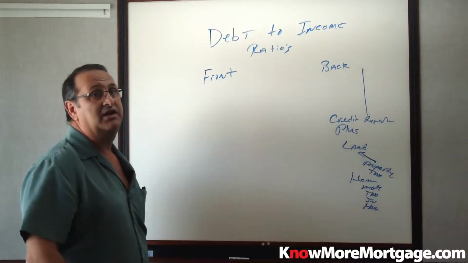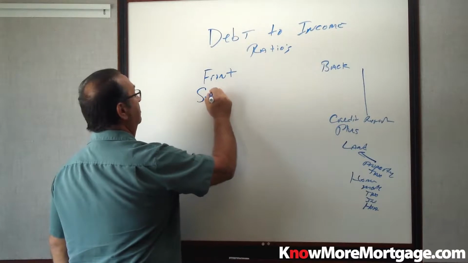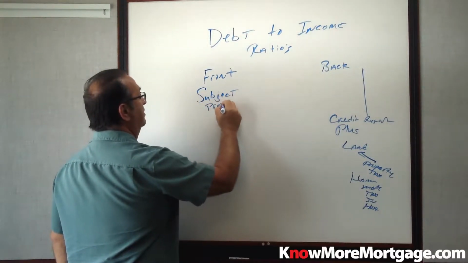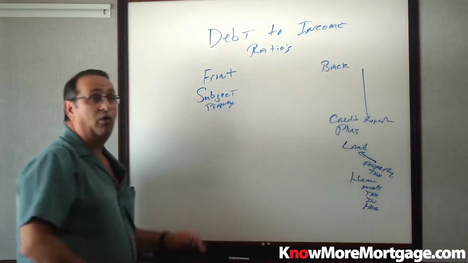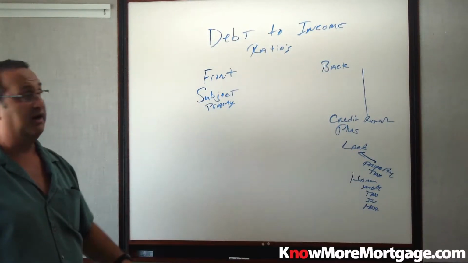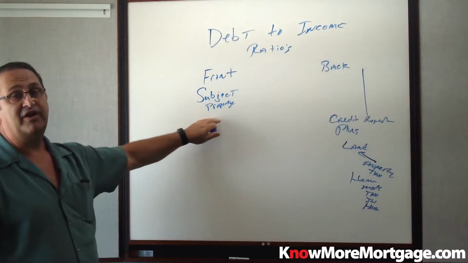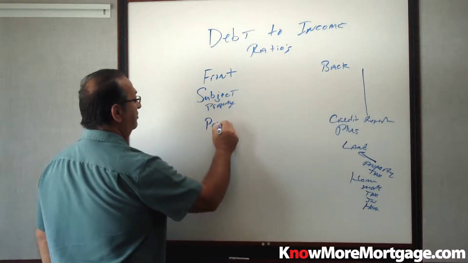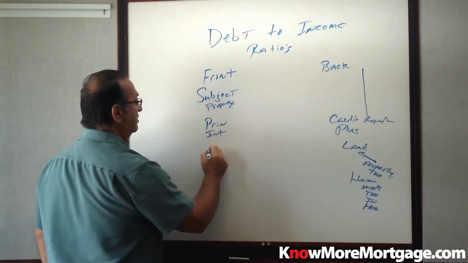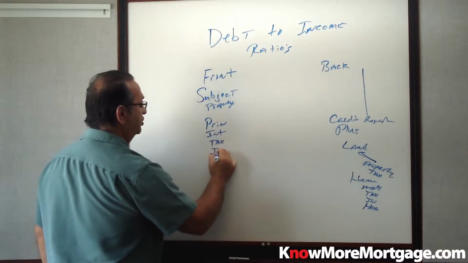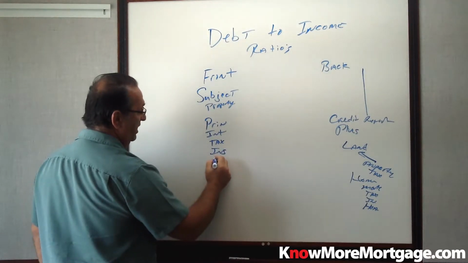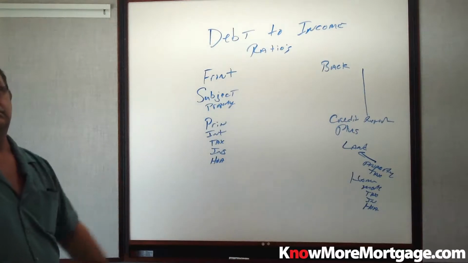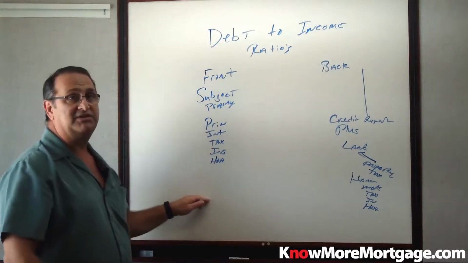The front end is on the subject property, the property that you're going to purchase or refinance. Your front end is going to include the principal, the interest, the taxes, the insurance, and any HOA on that home, whatever those monthly payments are.